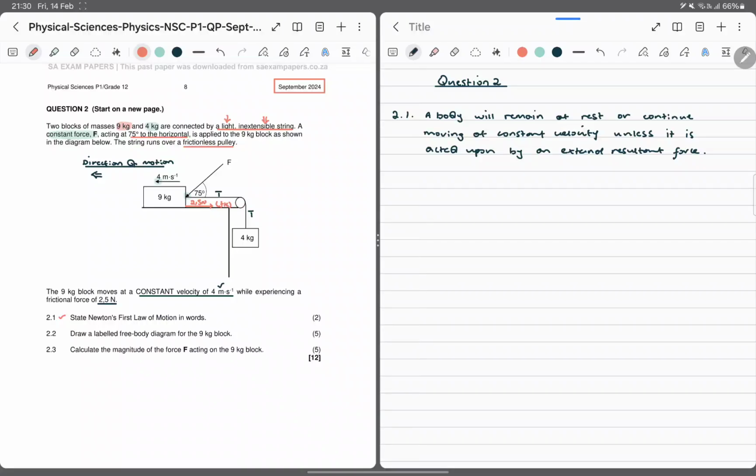Okay, very important. Key here is either it remains at rest or it moves at a constant velocity unless an external resultant force acts on that object to change its state of motion.